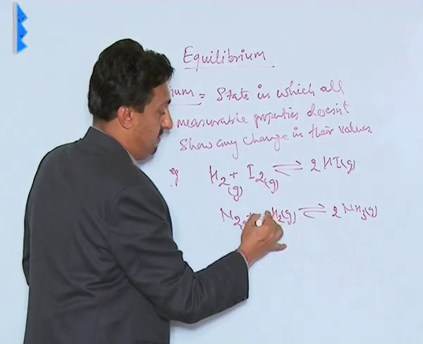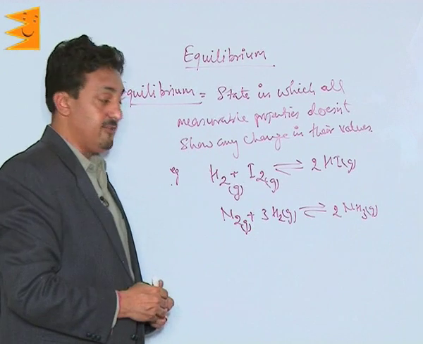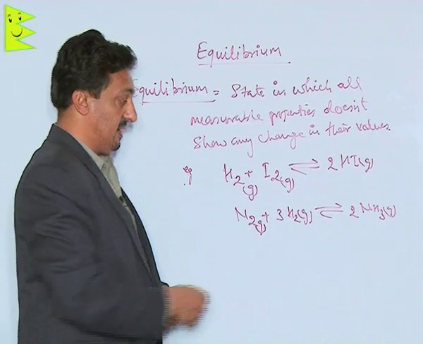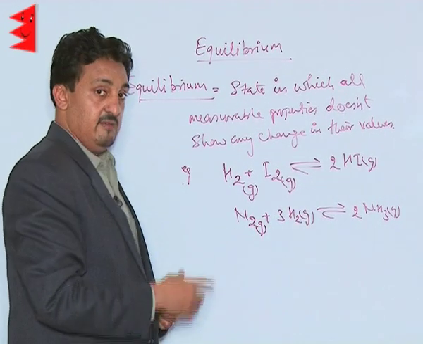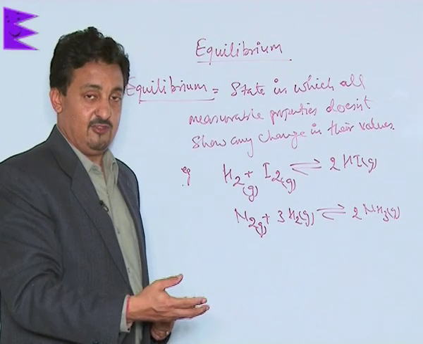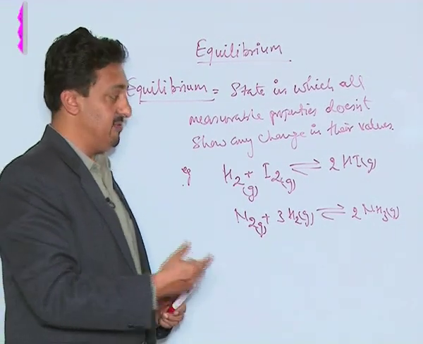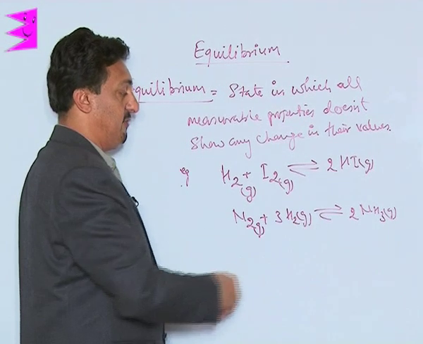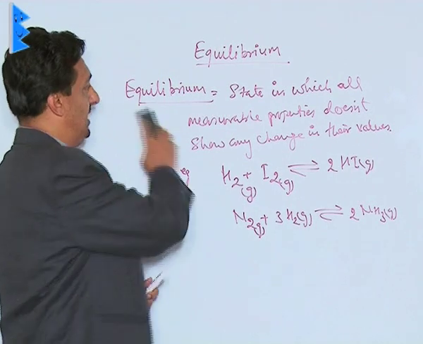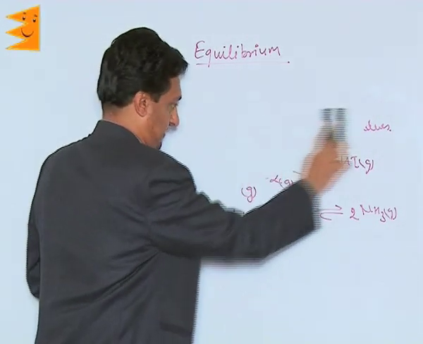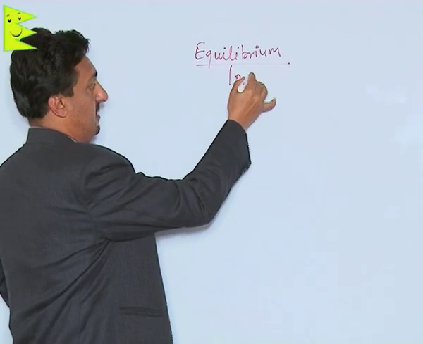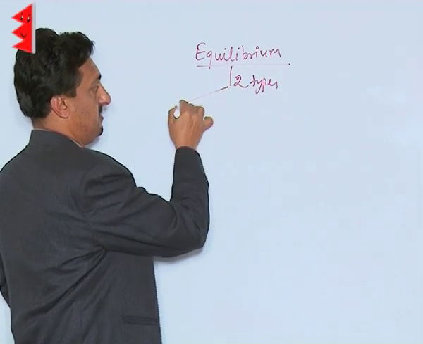Now in this example, we can see that the nitrogen gas and hydrogen gas are in equilibrium with ammonia. Again, the same sign of equilibrium. Whenever we want to show that equilibrium is involved in any particular reaction or process, we will always represent it with these double half arrows. Equilibrium is mainly of two types.